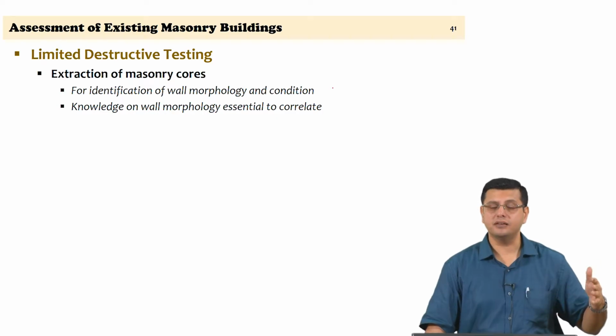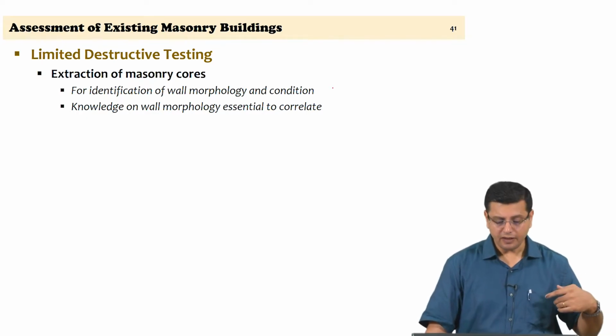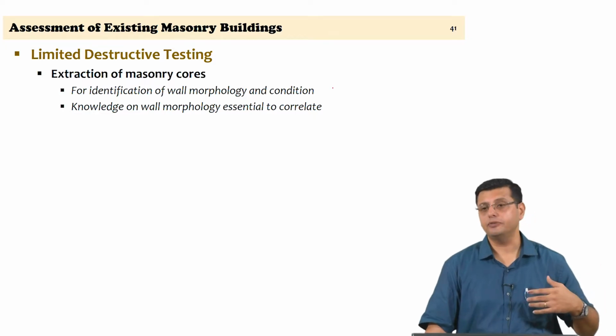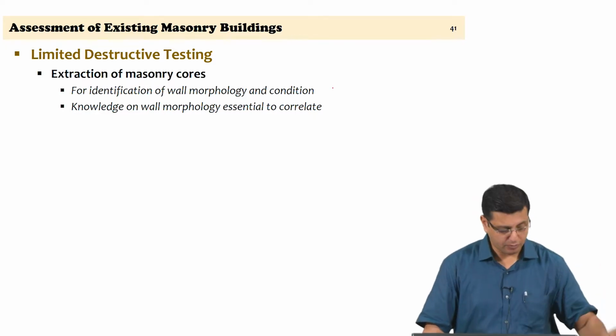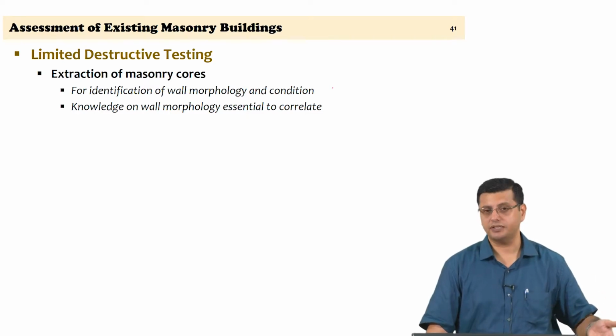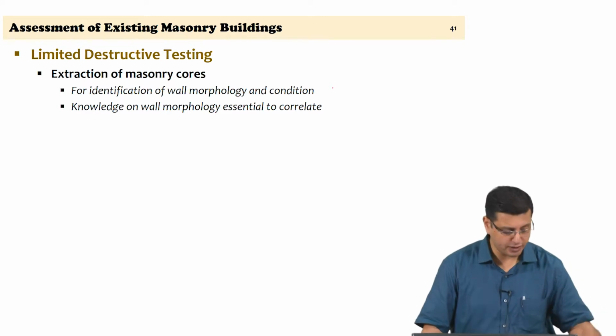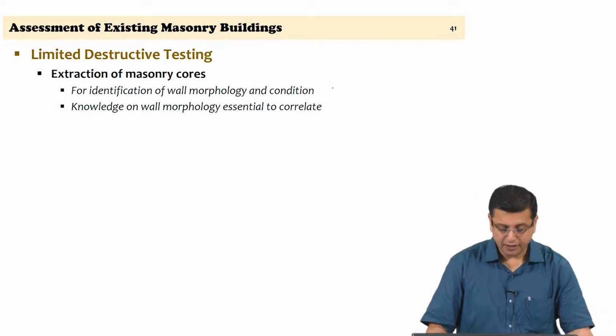Is it brick masonry with a lime plus cement mortar, or is it brick masonry with cement mortar, or is it a concrete block masonry construction? Is it any other type of unit or mortar constituent? So, it helps you establish what is the morphology of the cross section, and then you can also look at the condition of the masonry, condition of the units, and condition of the mortar.